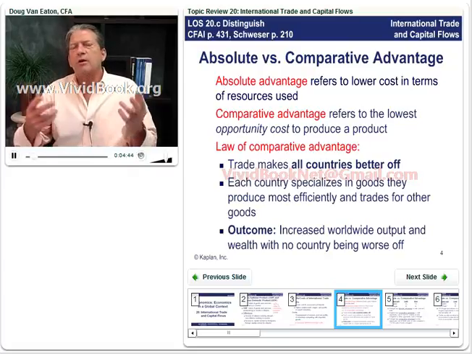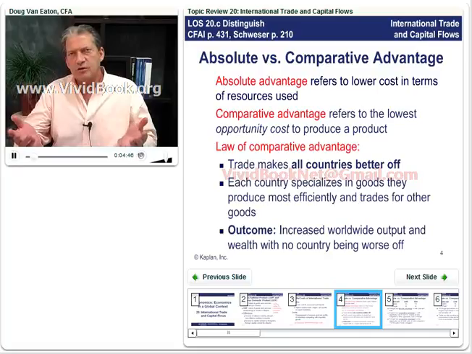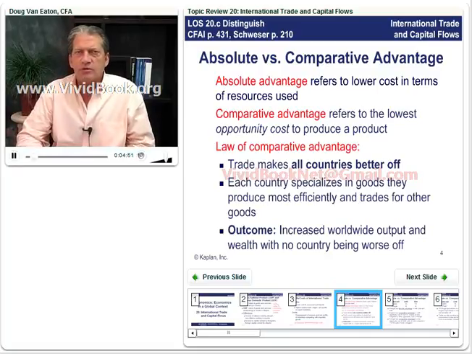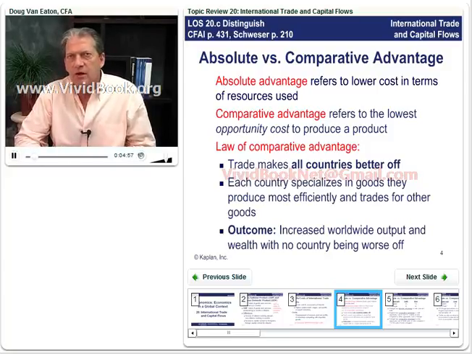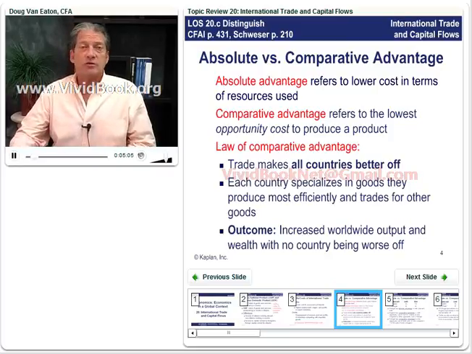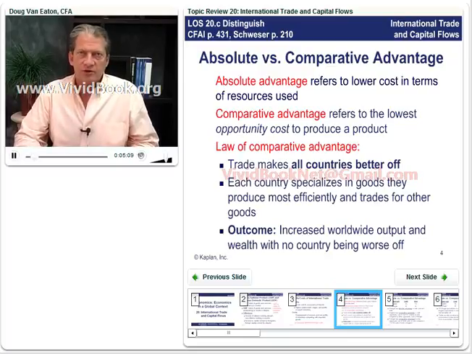So if we're comparing two countries producing different goods, one country might have the lower cost in terms of resources used for producing all of them. But what's important is the comparative advantage. This refers to the lowest opportunity cost to produce a product. So we usually measure that in terms of what other goods and services we have to give up to produce this good or this service.